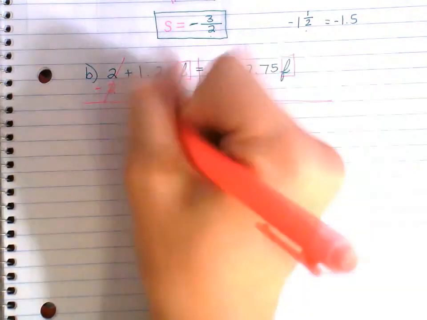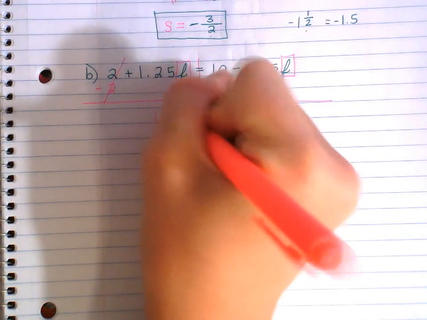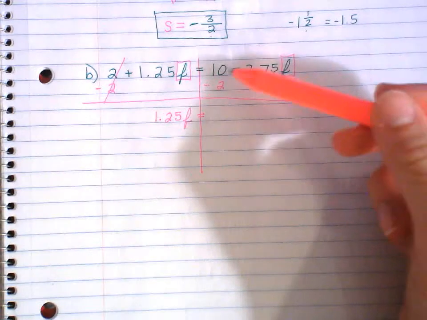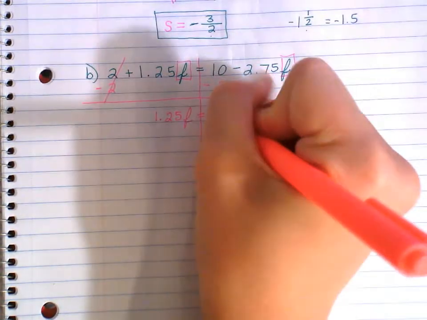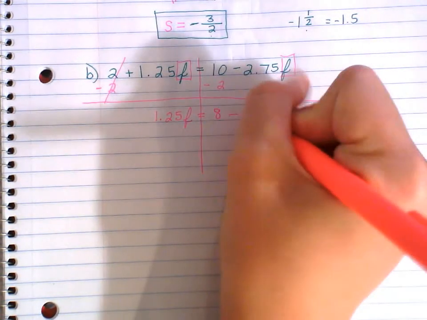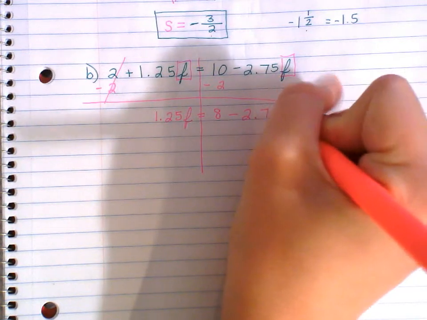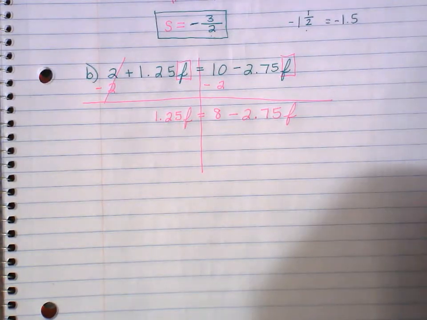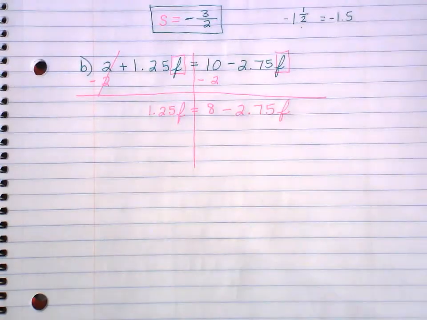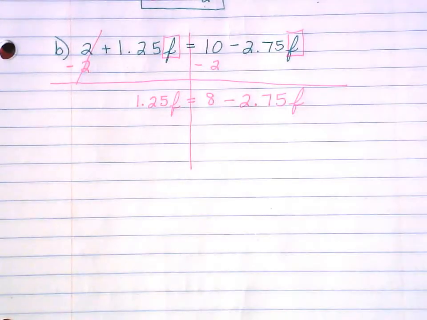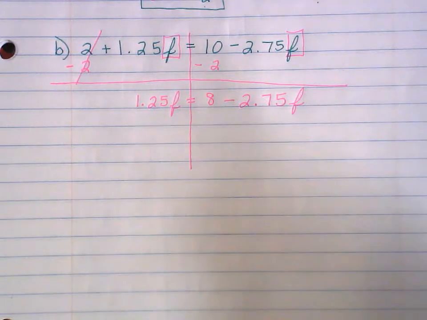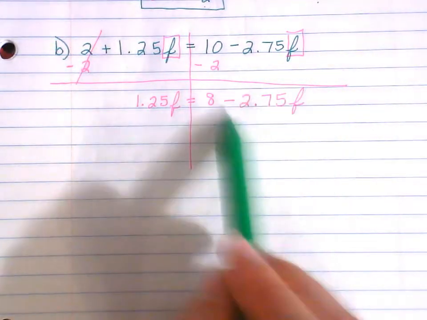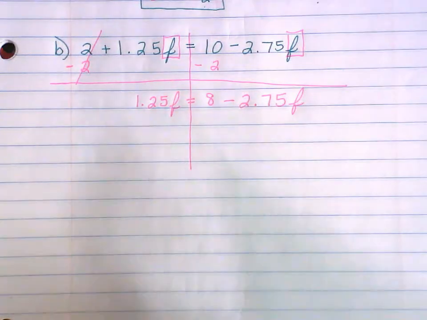So, bring down the 1.25f equals 10 minus 2 is 8. And then bring down the negative 2.75f, or minus 2.75f. Okay? So now what? Well, now we have to combine our variables with the coefficients. So I'm going to move this negative 2.75f to the left side.